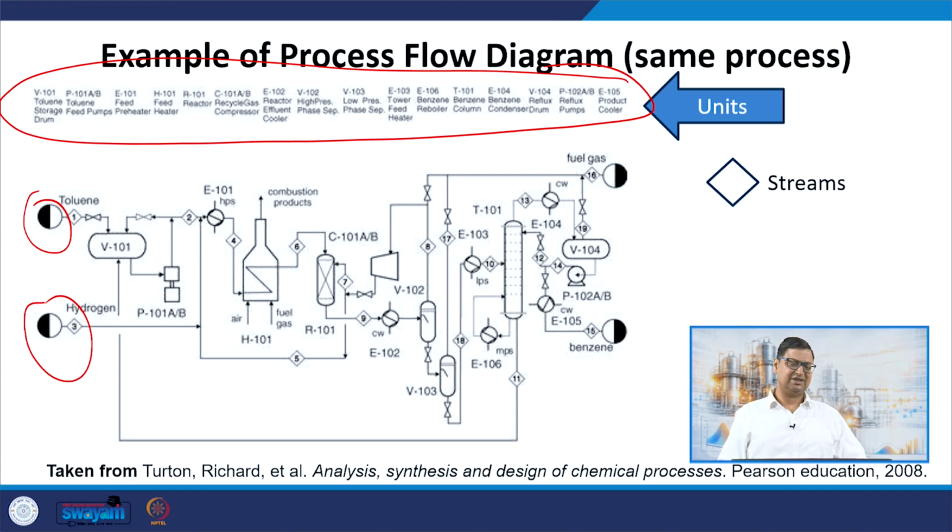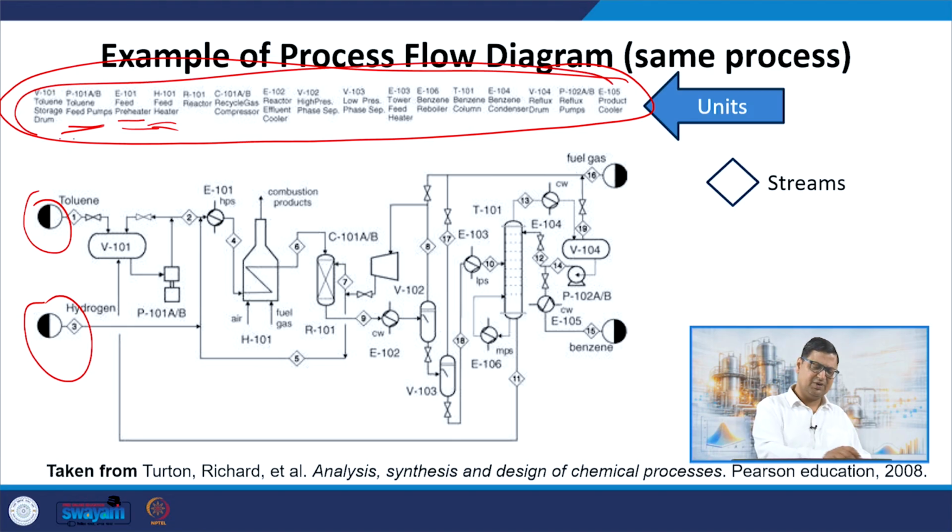What are the utilities? I have to pump toluene, I have to probably preheat the feed. These were not earlier considered because we were in the stage of conceptualization. So, we considered the major equipment, not the minor utilities. So, all these units are now being considered, and these units have a certain way of numbering.